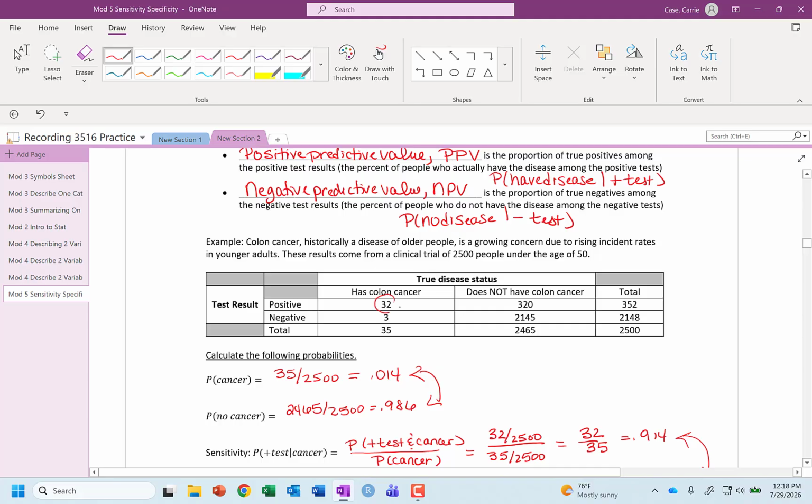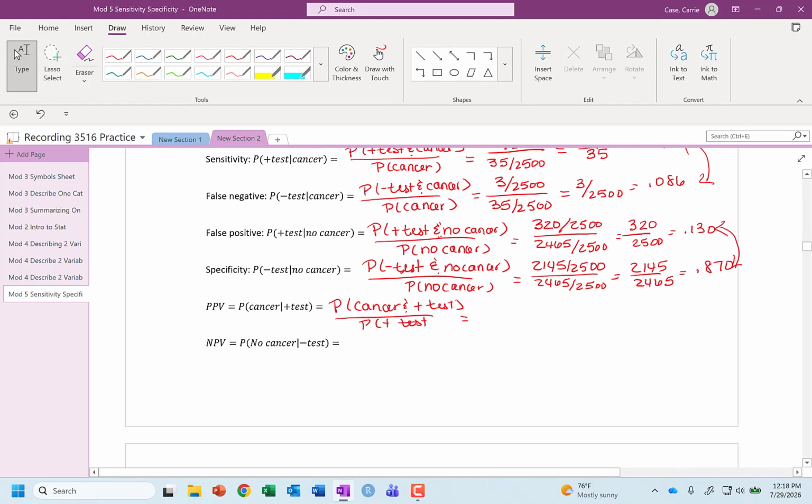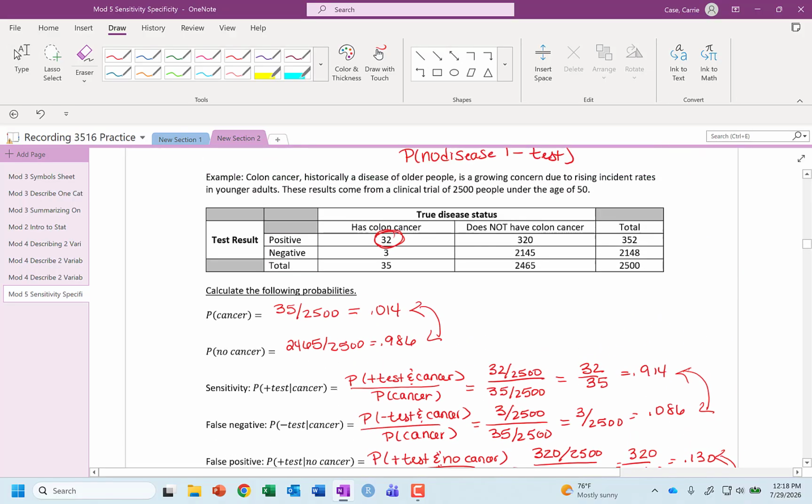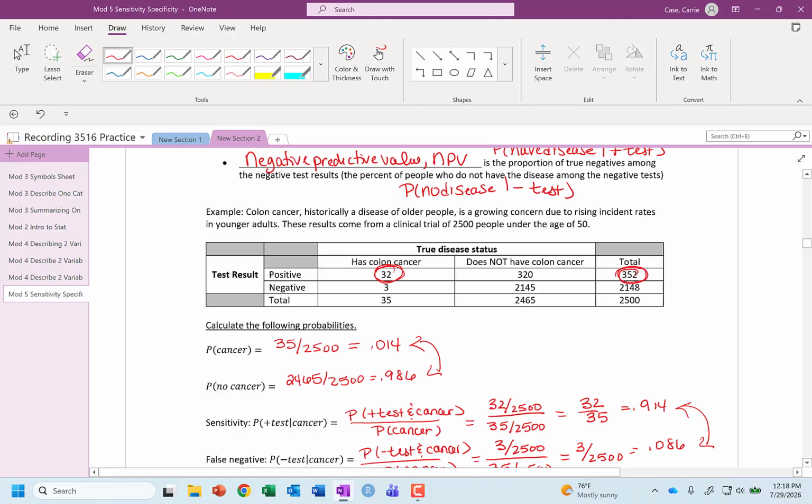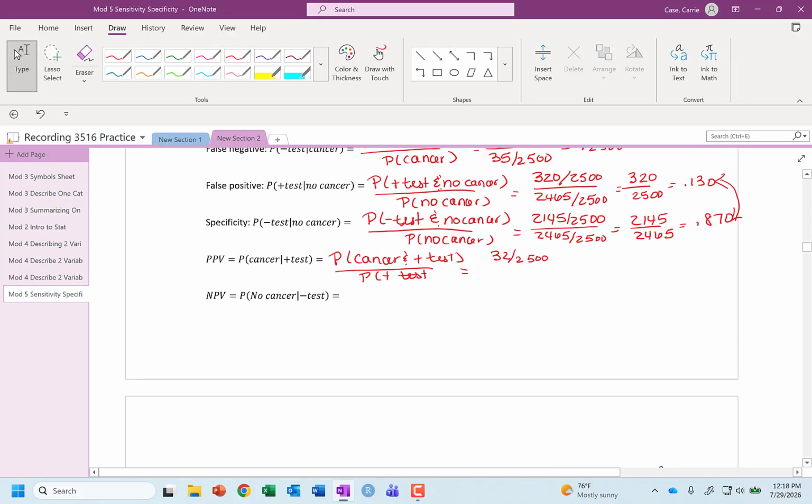Colon cancer and positive test, there are 32 of those. So 32 over 2,500. And then the probability of a positive test result, there are 352 of those. So that's 352 over 2,500. So positive predictive value is 32 over 352, which is 0.091.